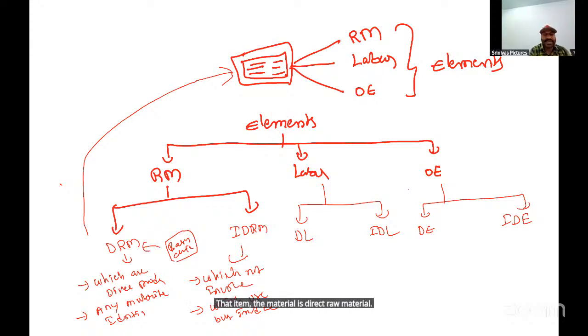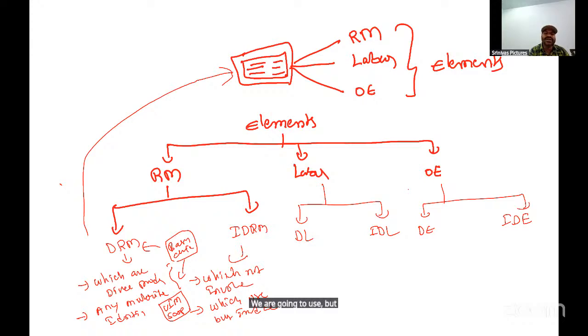For example, we purchased some Vim soap. We are not going to use Vim soap in making biryani, but Vim soap can be used for washing the items, cleaning the equipment.